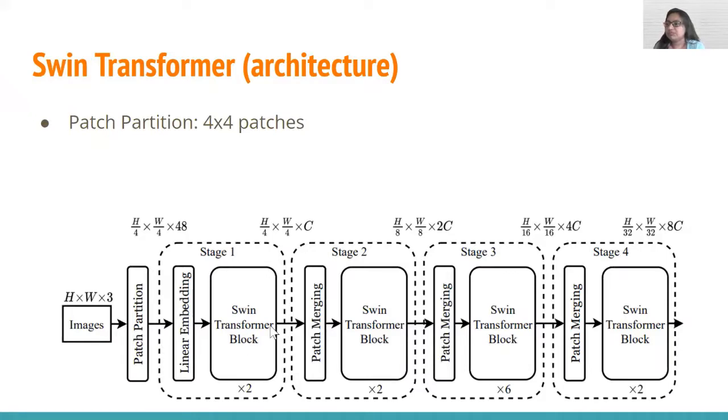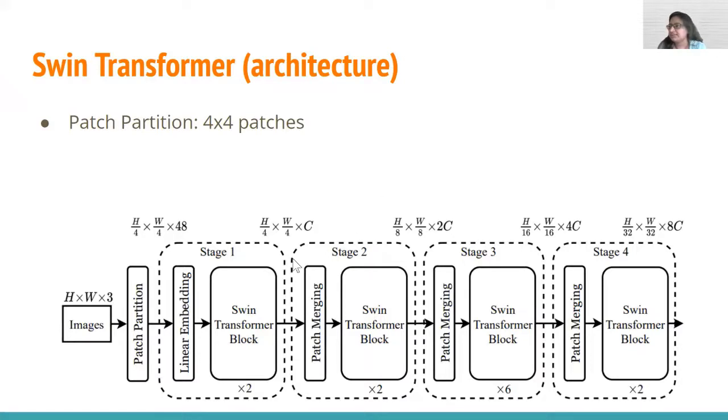Before we talk about the transformer block, let's look at the patch merging. Patch merging is also done through fully connected layers. Here the output has half the number of patches compared to the input, but double the number of channels. So this is the hierarchical architecture that we were talking about.